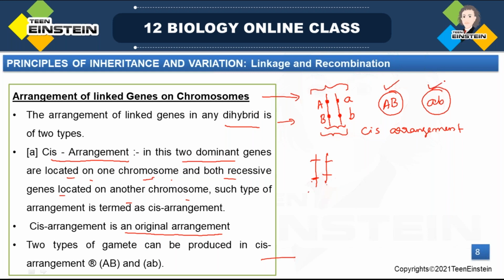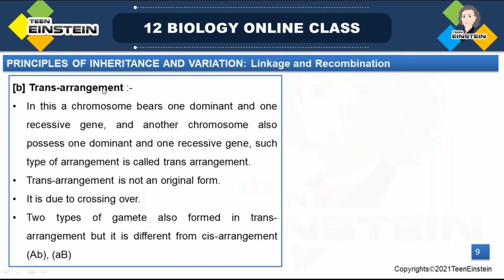The next type is trans arrangement. What is trans arrangement? In this, a chromosome bears one dominant and one recessive gene. Suppose this is one chromosome and this is the other chromosome of the pair. In the previous one, both genes on one chromosome were the same, both dominant, and on the homologous one, both were recessive.